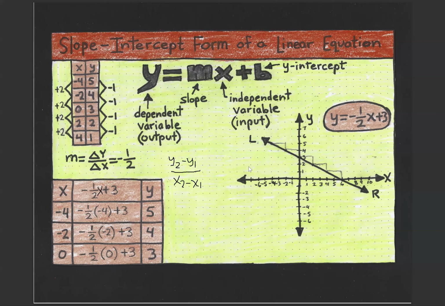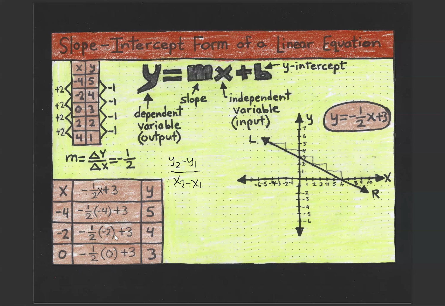Of course, you can get this slope by using this equation, y sub 2 minus y sub 1 over x sub 2 minus x sub 1. But let's plug in these x values to see why we get these numbers as an output. Let's take a look at negative 4. When we plug in negative 4 for x, a negative 4 times negative 1/2 gives us a 2, and a 2 plus 3 gives us a 5.